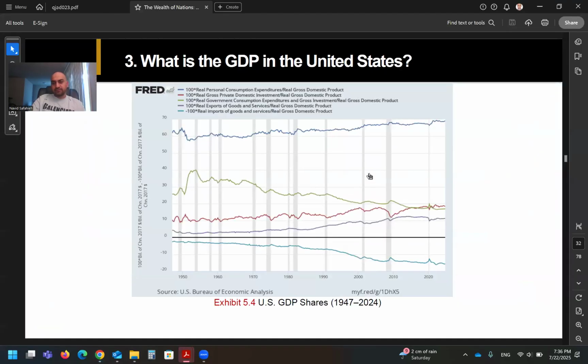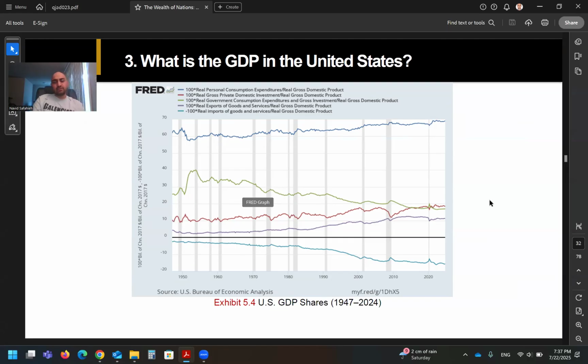So let me talk about this figure as well. In this figure, you can see the share of the different components of GDP. For example, this blue line shows the share of consumption over the real GDP. It is almost 70%. You can say that around 70% of the real GDP is consumption. And this green line is the government expenditures, and it is around 20%.